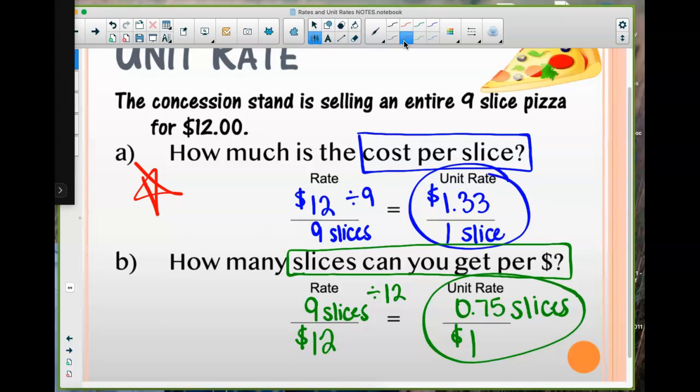Can I get a part of a slice of a pizza? They're going to tell me to go away. Right? They're not going to give me a partial slice of pizza. So part B doesn't really make a whole lot of sense to get that information. Knowing that it's $1.33 per slice is much more useful. Okay, questions there? Okay.